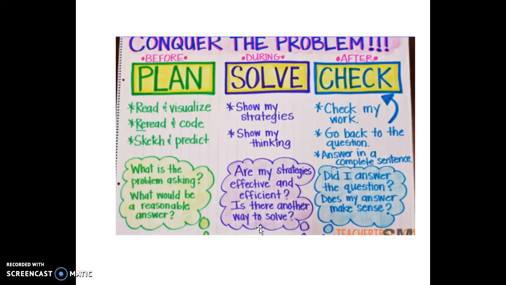Now, also just going back and thinking about the check aspect. Checking your work: did you actually answer the question being asked? And this one, the answer in a complete sentence. Yes and no. Sometimes we want a complete sentence. Sometimes we want just the numbers. It's not that big of a deal.